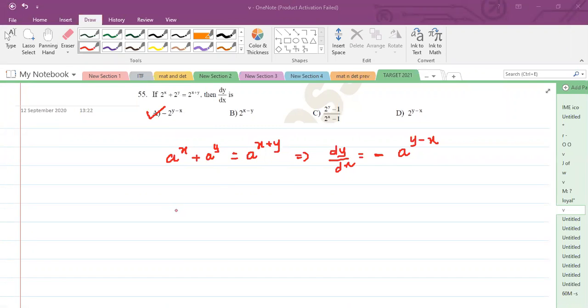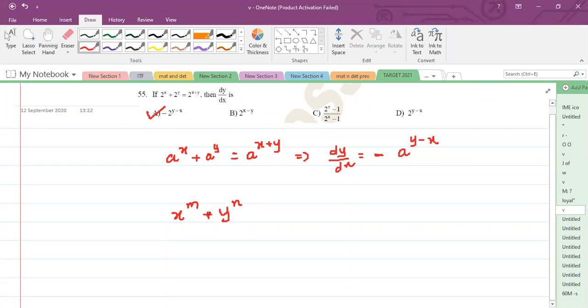One more result is there in differentiation, that is x raised to m into y raised to n.